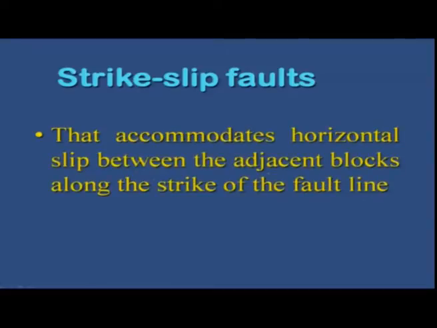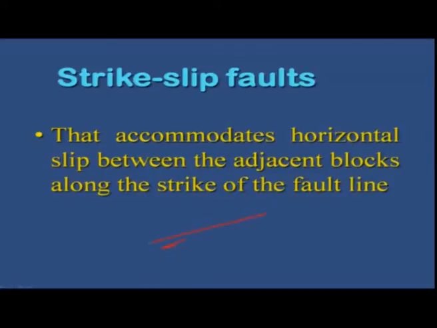Then coming to the faults which take place in strike slip faults. Let us talk about what these different types of strike slip faults are. A strike slip fault accommodates horizontal slip between the adjacent blocks along the strike. So if this is the strike, the movement is seen taking place along the strike.